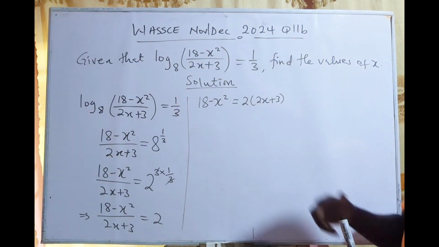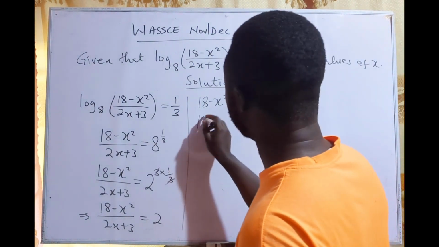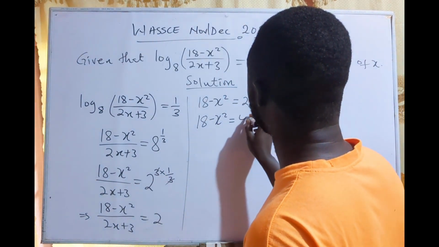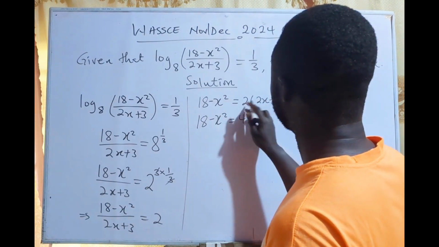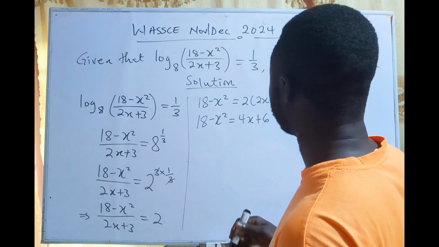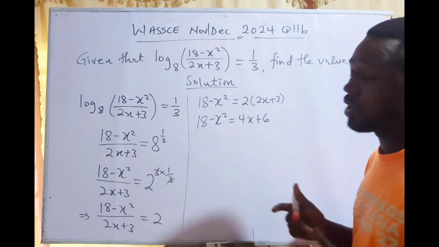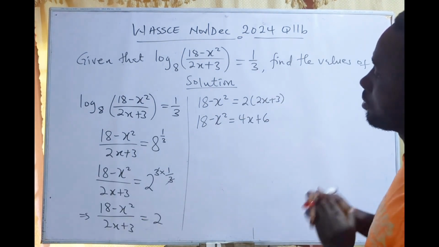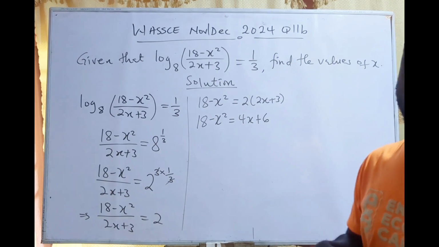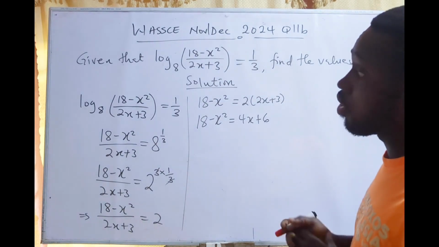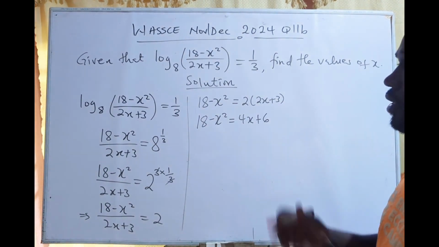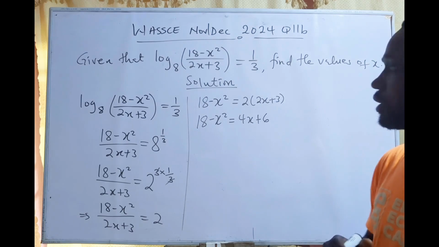So let's expand. We have 18 minus s squared equal to 2 times 2s, which gives 4s, and 2 times 3, that is 6. We realize that we are going to get a quadratic. So let's take all to one side and equate it to 0. As you have followed our lesson, I always prefer the coefficient of s squared to be positive, which makes factorization easier.